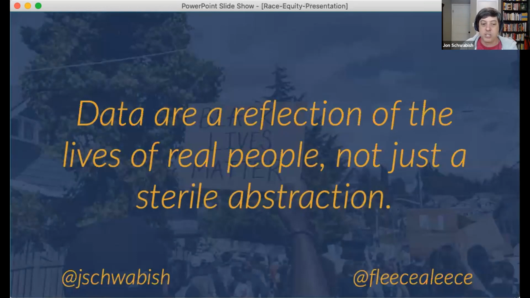So I'm going to just wrap up here and note, as hopefully you have picked up today, that the data that we are collecting, using, analyzing, and visualizing are a reflection of the lives of real people. They're not just bars in a bar chart. They're not just lines in a line chart. They are reflections of real people.